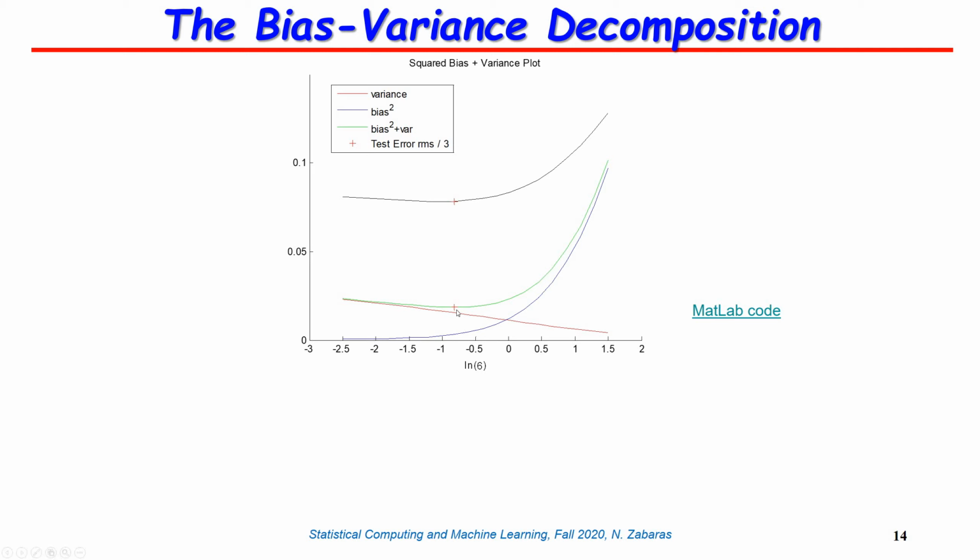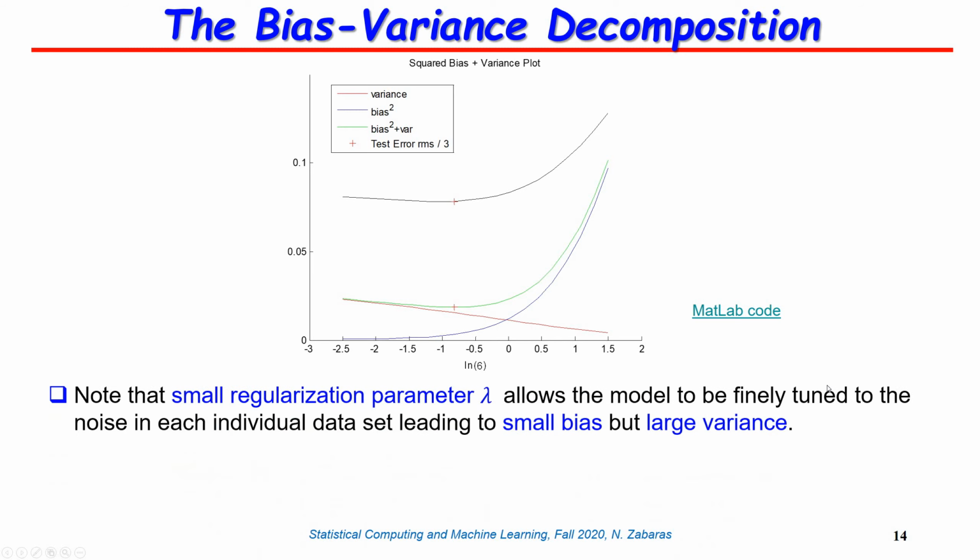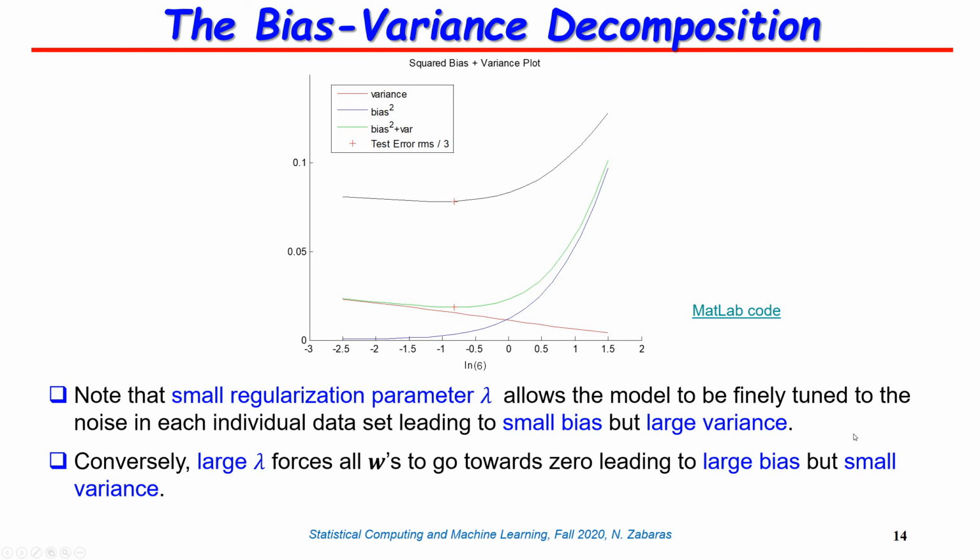In conclusion, you're going to use the log of lambda at the location where you minimize bias squared plus variance, and it turns out that this is also the location that minimizes the test error over data sets that you have not seen before.